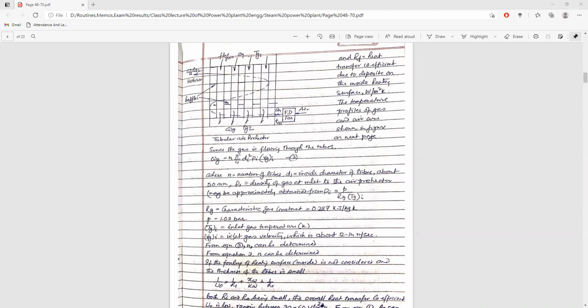T_gi is the inlet gas temperature and V_gi is the inlet gas velocity, about 12 to 15 meters per second.